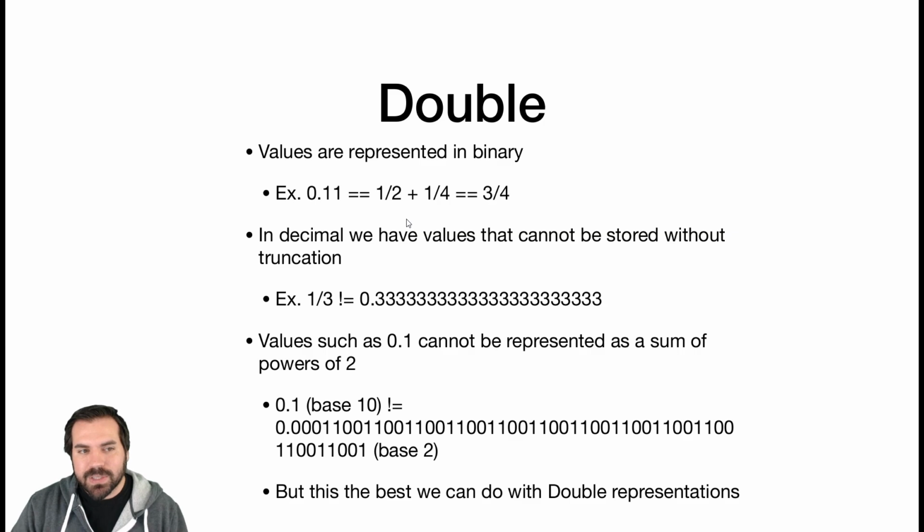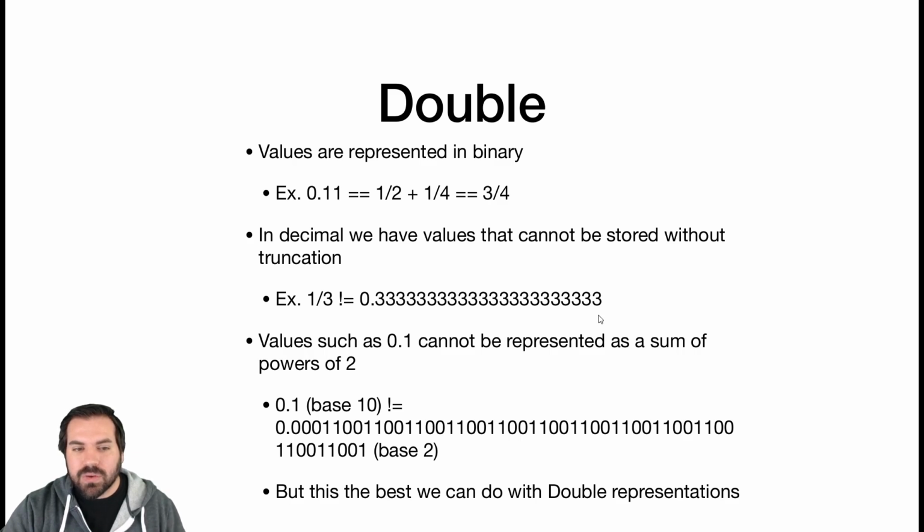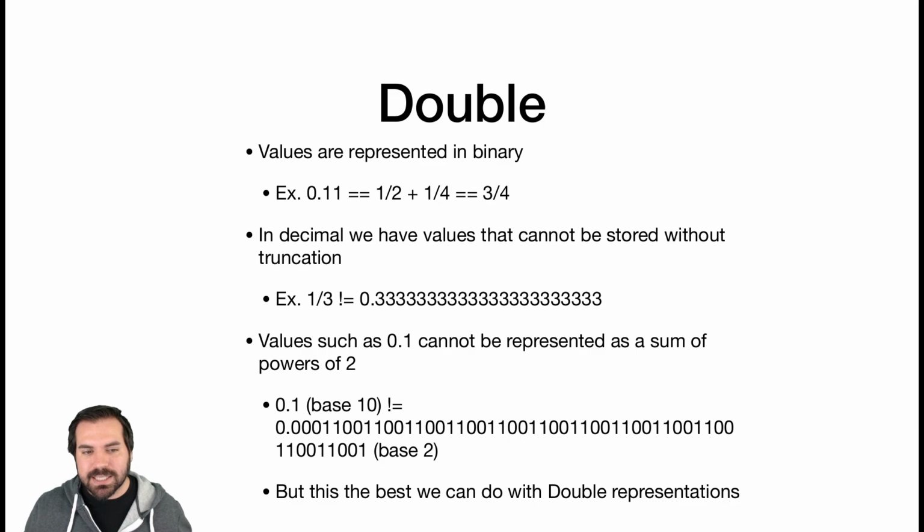And that's how we can represent fractions and decimals, the non-integers, in binary. So there are certain values in base 10 that we can't store. For example, 1/3, we can't represent this number exactly as a decimal in base 10. If we have the fraction 1/3, that's 0.3333 repeating. We'd have to store 3's forever. Eventually, we're going to run out of storage in the universe, and we can't store that number exactly.